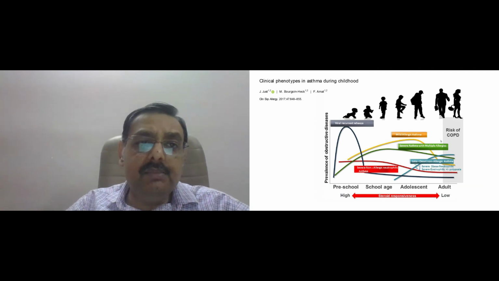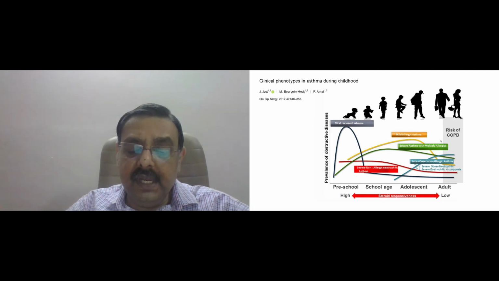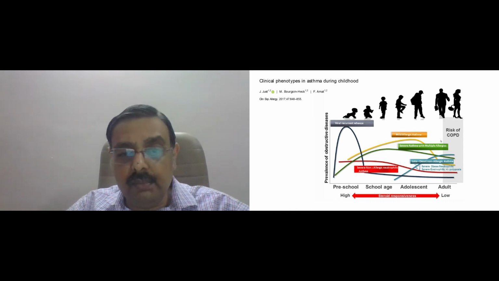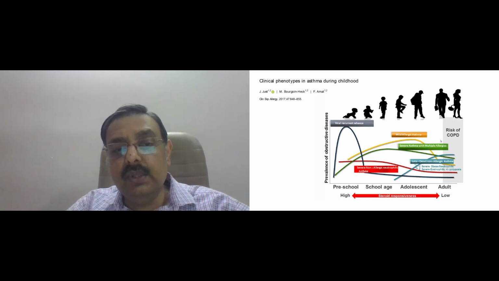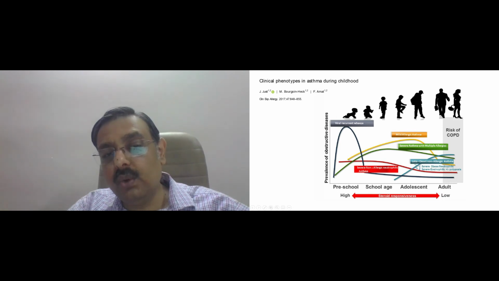So there are many phenotypes of asthma which have been defined. We have talked about most of these things. There can be children who present with recurrent viral wheeze, but there can be children who start almost at the same time and go on. They might have a mild allergic asthma versus a severe asthma with multiple allergies.